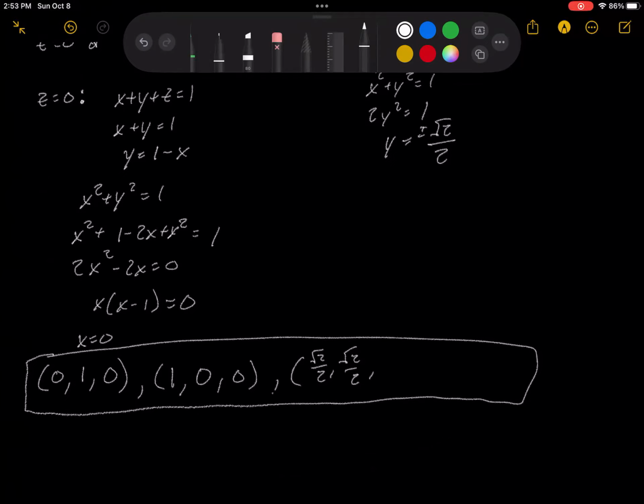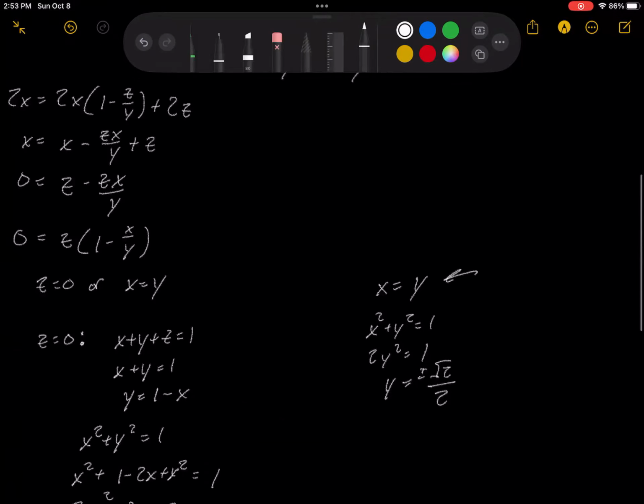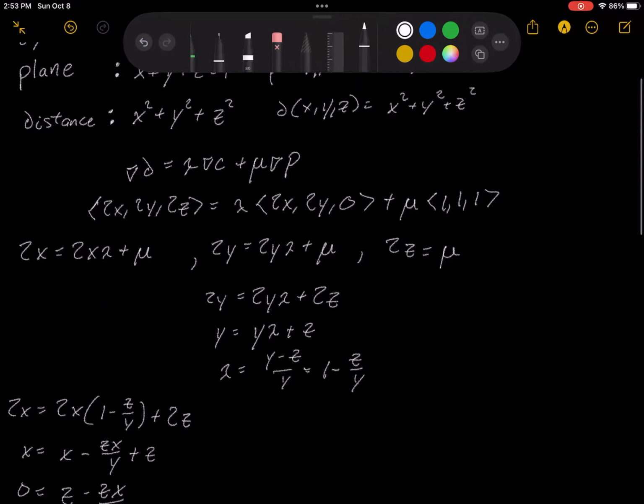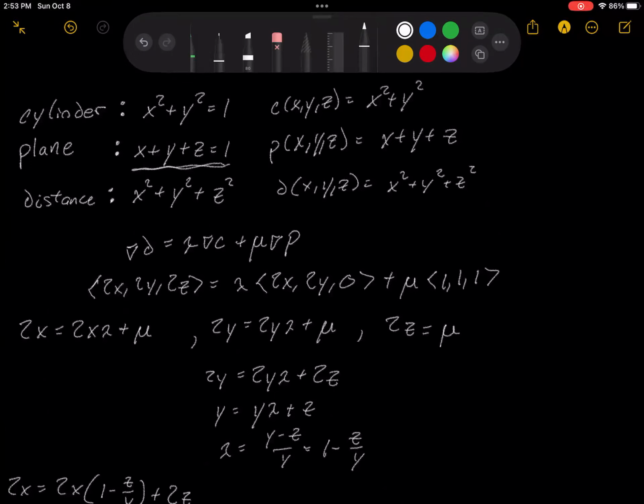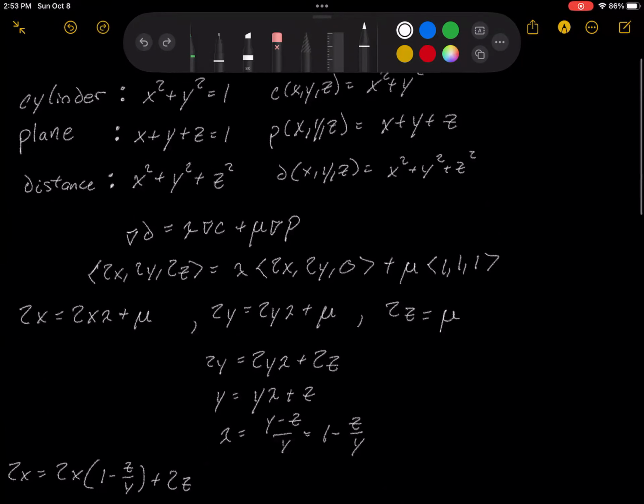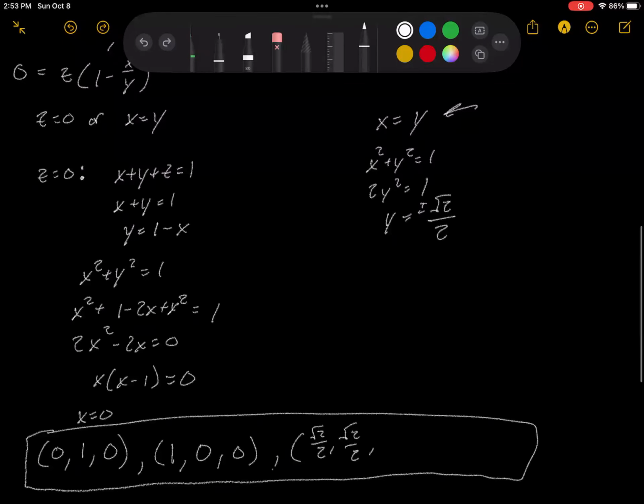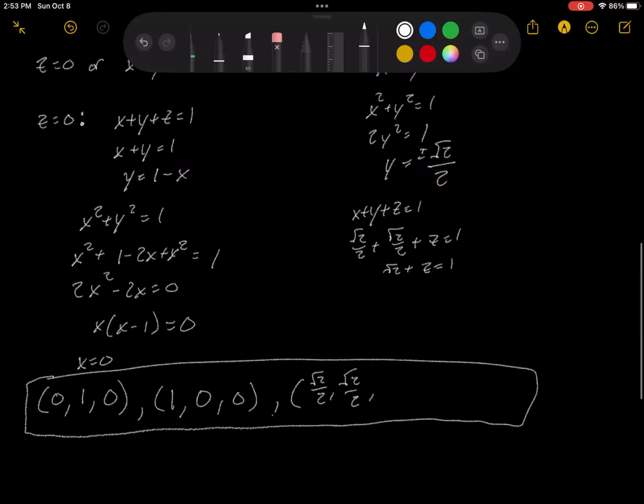Now the z value can be found. Let's use the plane equation. X plus y plus z has to be 1. If I know my x and my y, I can get my z. So if x is equal to square root 2 over 2, and y is equal to square root 2 over 2, z has to be 1 minus square root 2.